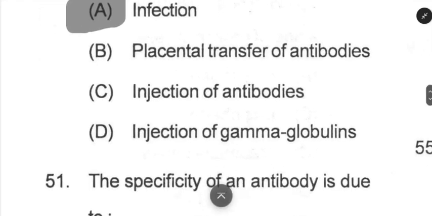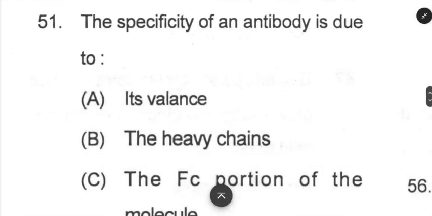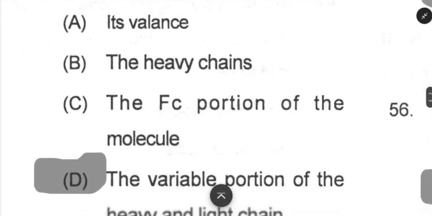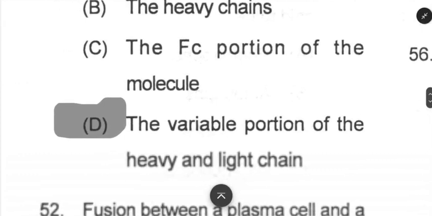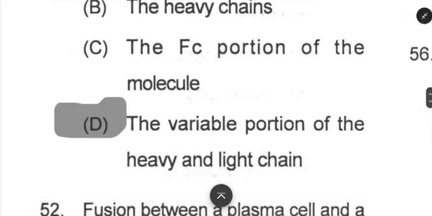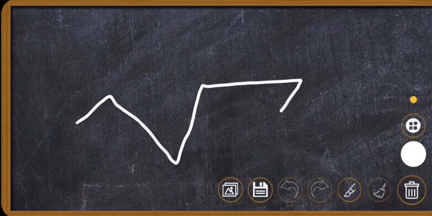Next question. The specificity of an antibody is due to what? The specificity of an antibody is due to the variable portion of the heavy and light chain. If you take an example of an antibody, you will get this kind of structure.